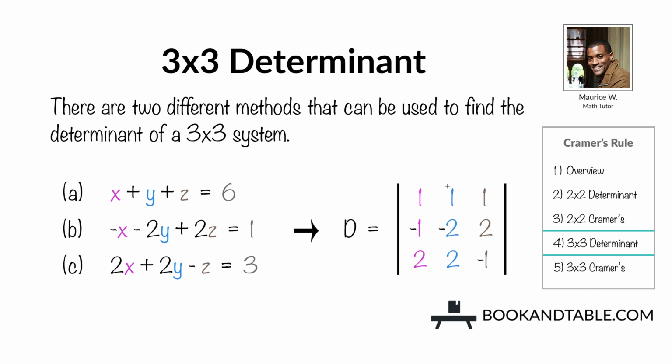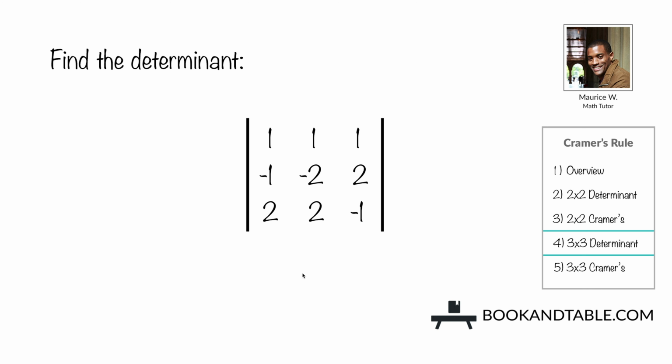And the third column is represented by the coefficients of these z terms, positive 1, positive 2, and negative 1. So the 3 by 3s we'll be working with represent the coefficients of our three variables. But let's now walk through an example together to take a look at method number 1.